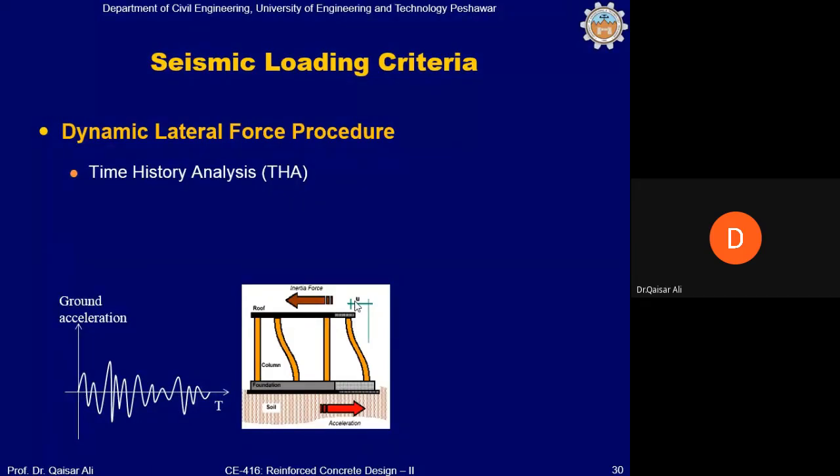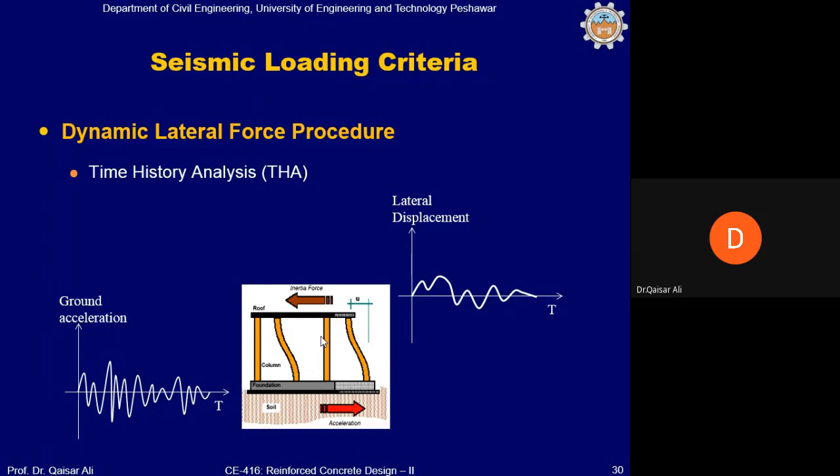For this reason, it is called time history analysis, because it gives you the response of the structure at every corresponding instant of time during the history of the earthquake. So if this is the history or record of the earthquake, at every corresponding instant of time, you will get a displacement in this form. So you exactly know where the structure is going during this earthquake.